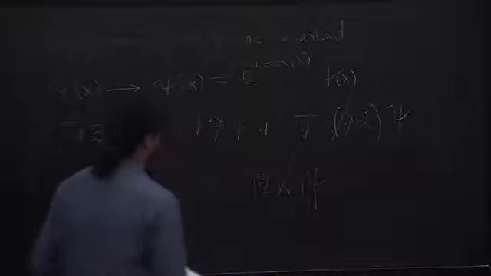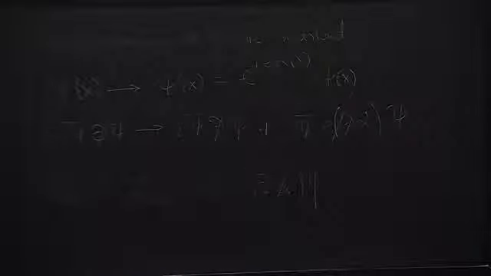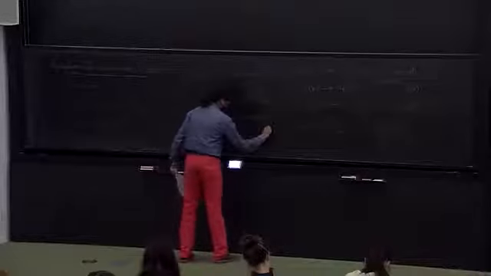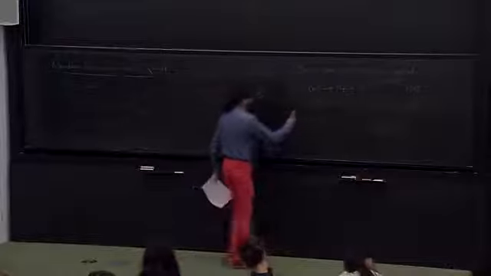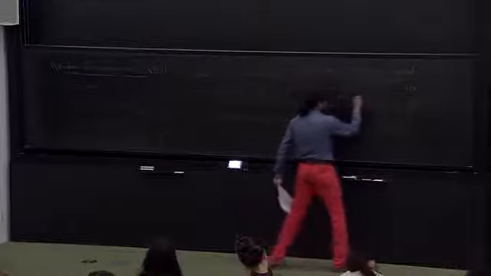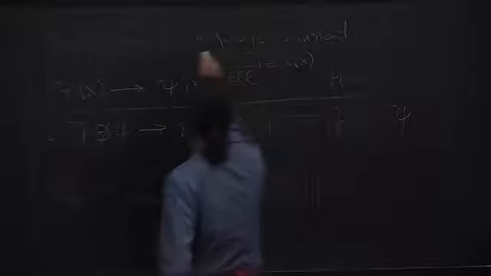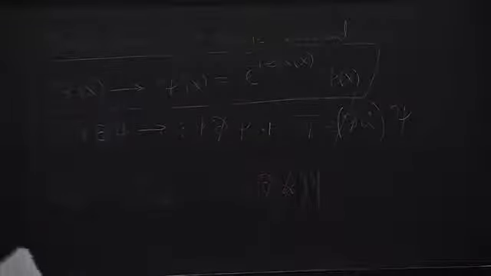So if we extend what we call a gauge transformation to include not only this, but also this, then our Lagrangian theory is invariant.